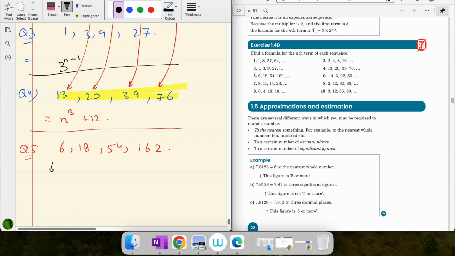So this is 6 times 1, this is 6 times 3, 54 divided by 6 is 9, 6 times 9, and 162 divided by 6 is 27. So again we can think about 1, 3, 9 and 27, which is in question number 3. So this is 3 raised to power n minus 1, and every term is multiplying with 6.